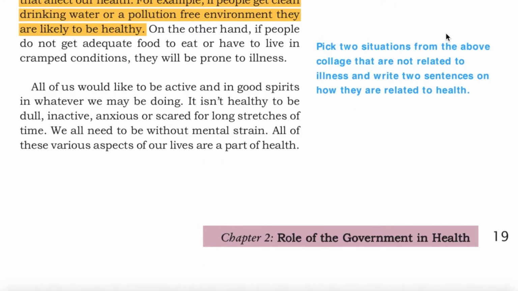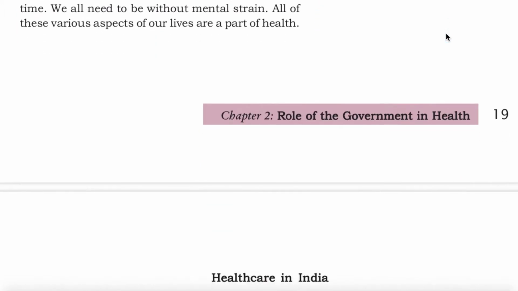All of us would like to be active and in good spirits in whatever we may be doing. It isn't healthy to be dull, inactive, anxious, or scared for long stretches of time. We all need to be without mental strain. All of these various aspects of our life are a part of health.